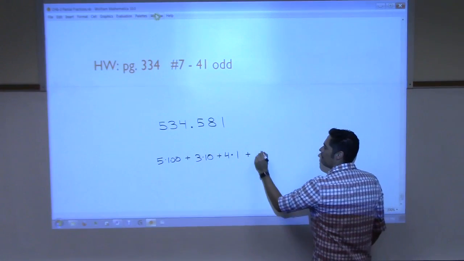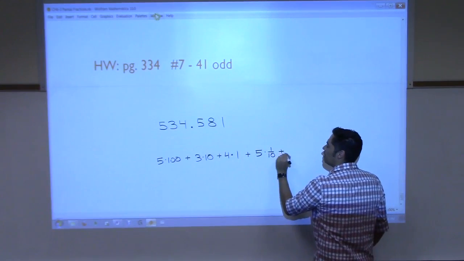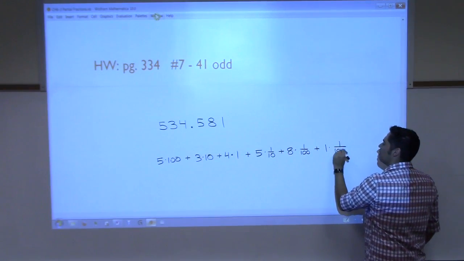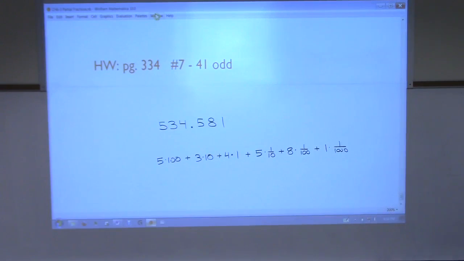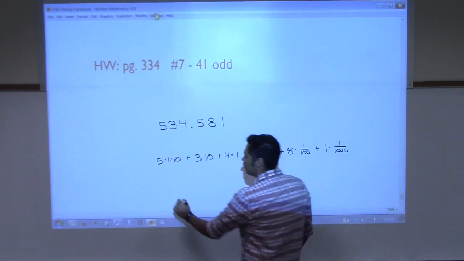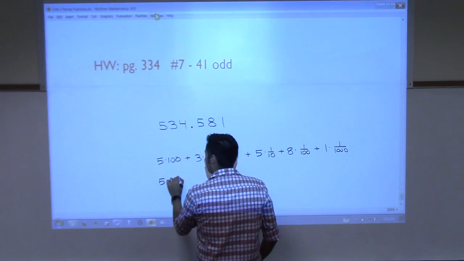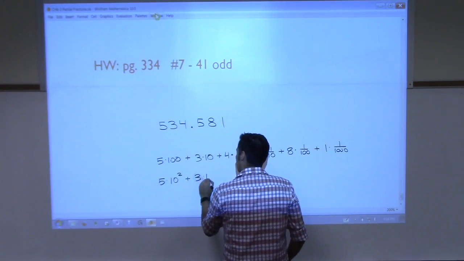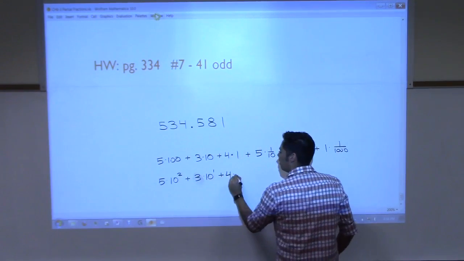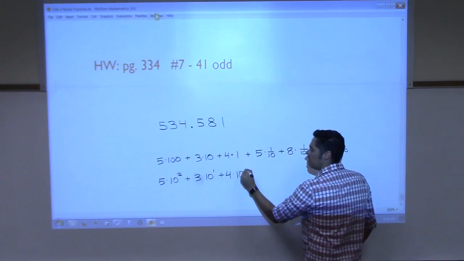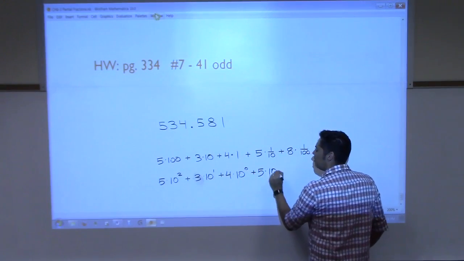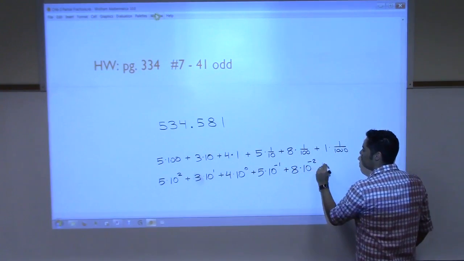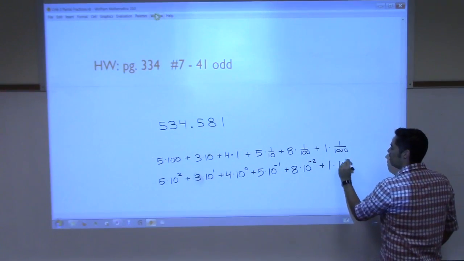Plus 5 tenths plus 8 100ths plus 1 1,000th. That makes sense? Okay. This means 5 10 squareds plus 3 10 to the firsts plus 4 10 to the zeros plus 5 10 to the negative ones plus 8 10 to the negative twos plus 1 10 to the negative 3.